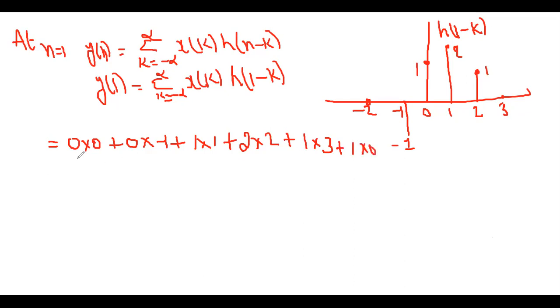Now add all the values: 0 plus 0 plus 1 plus 4 plus 3 plus 0. 3 plus 4 plus 1 is 7.